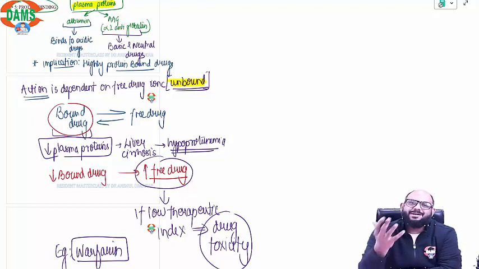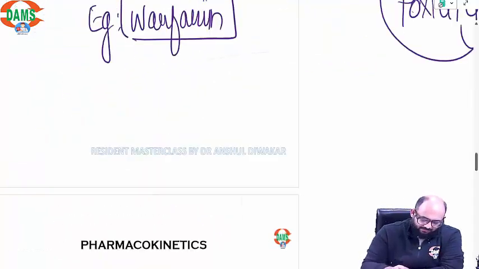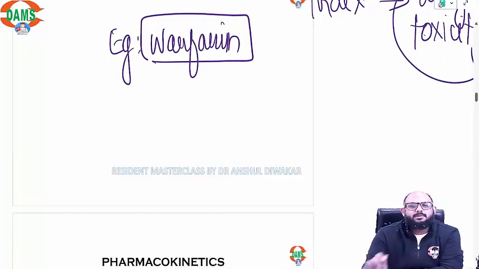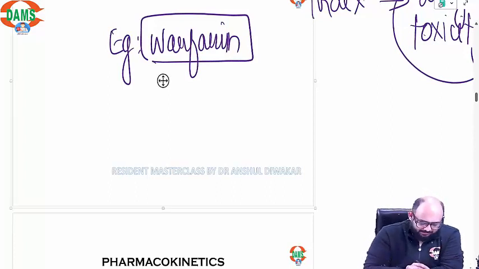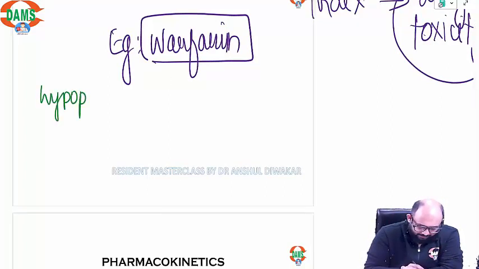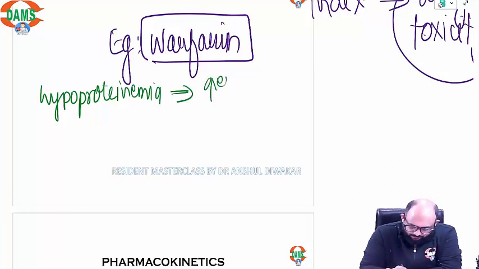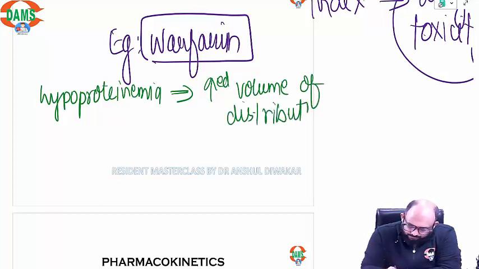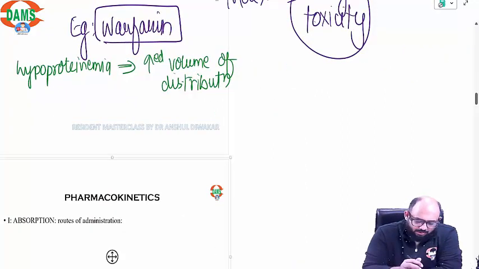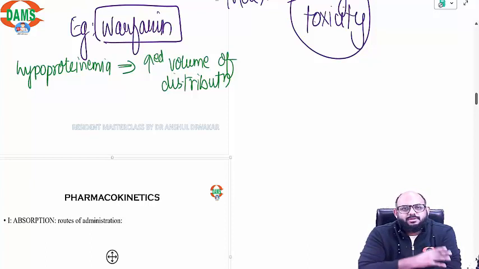Now you will require a lesser dose of the drug for the action. But there is something very unique that happens in hypoalbuminemia. When there is hypoproteinemia, usually there is increased volume of distribution because of increase in the circulating volume, because now the proteins are not keeping the water intact, so there is a lot of water.